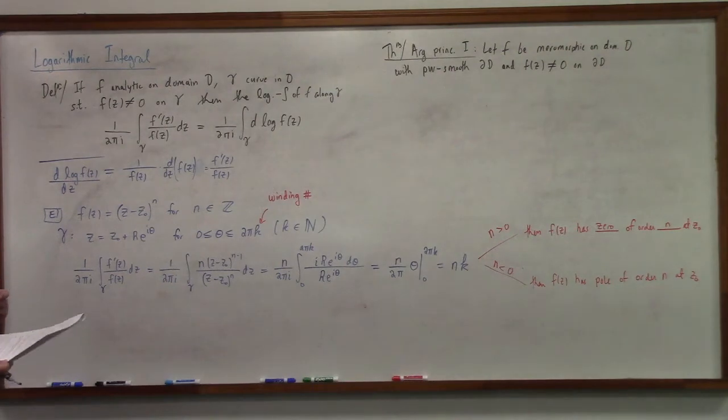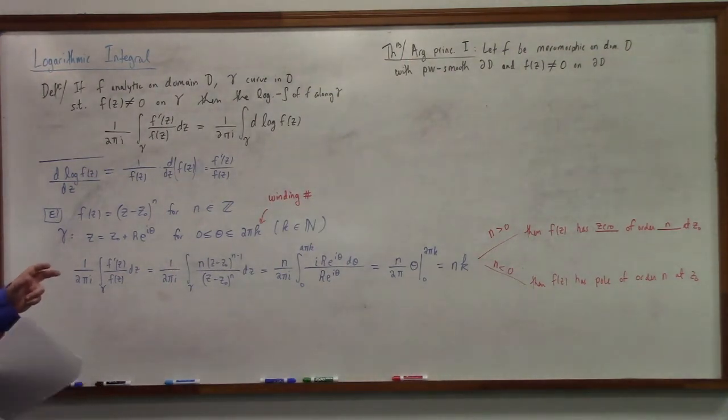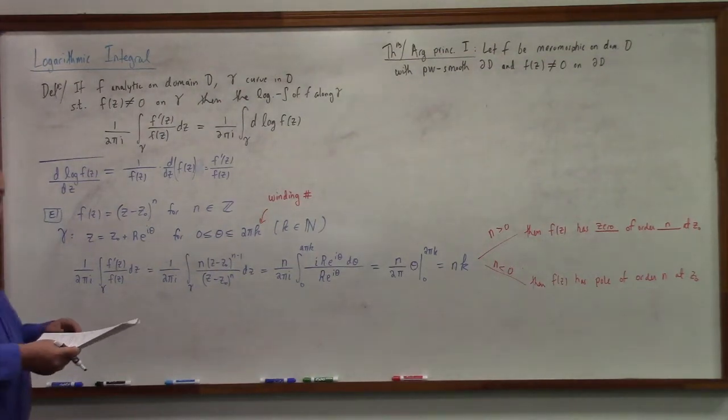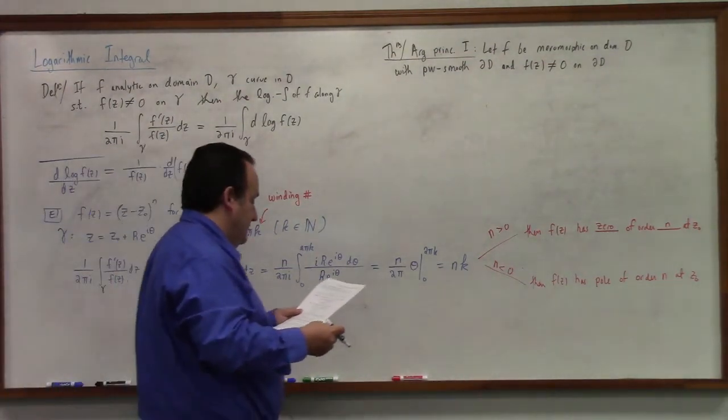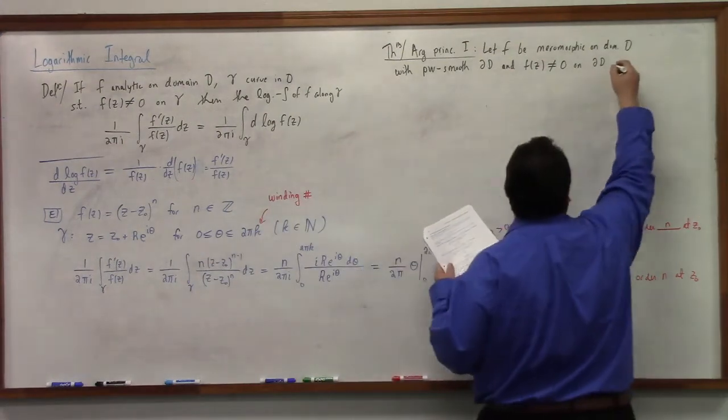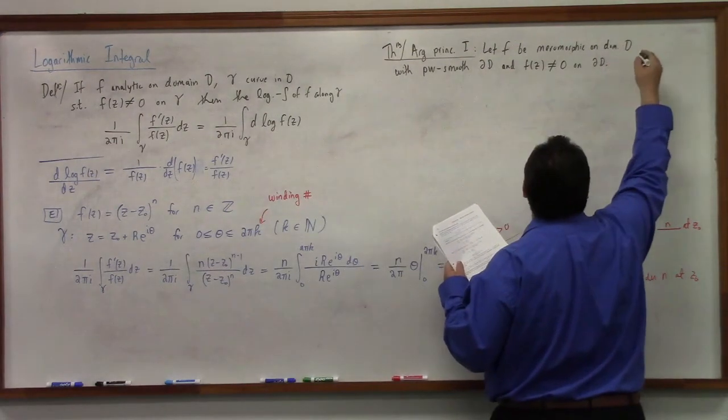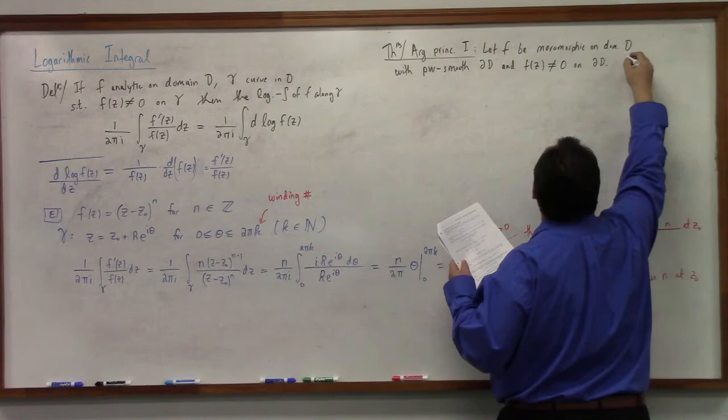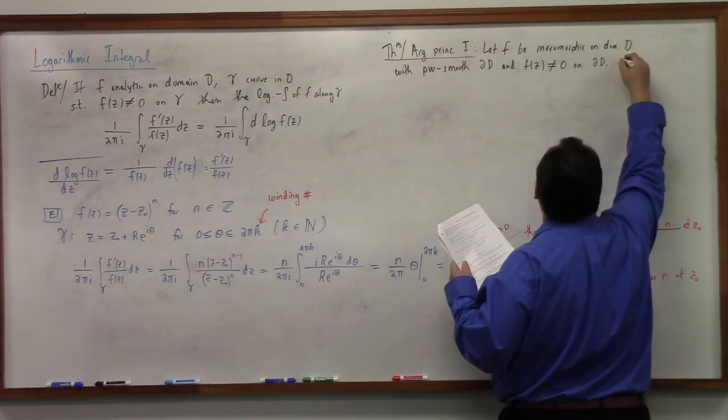So it's analytic everywhere except for some collection of isolated singularities, each of which is a pole. No essential singularities allowed. So we're assuming that we've got a meromorphic function on this domain with piecewise smooth boundary, and the function's non-zero on the boundary.